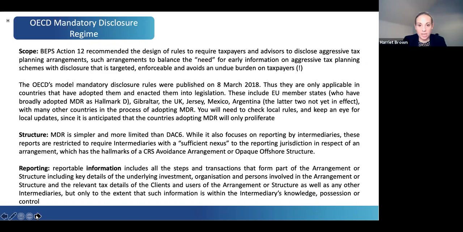Other jurisdictions that already have rules in force include the UK, Jersey, Gibraltar, Mexico and Argentina, I think, have regimes which are not yet in effect, but lots of other countries, including Guernsey, for example, have draft provisions. And so you should expect MDR to proliferate.